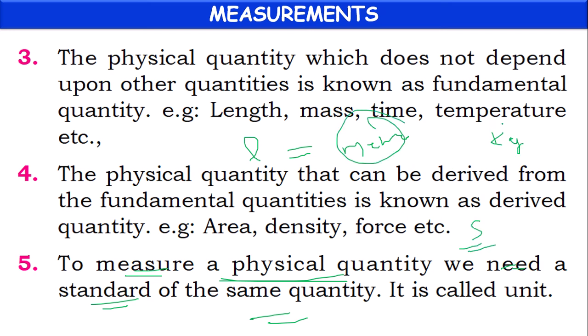This meter, kg, second are the standards of the same quantity, so they are called units. Physical quantities can be measured with the help of standard units, which are fixed and accepted all over the world.